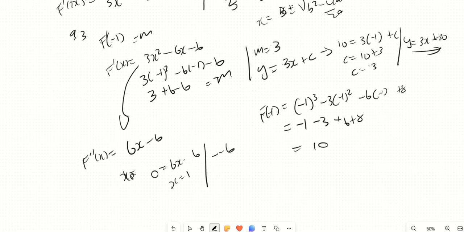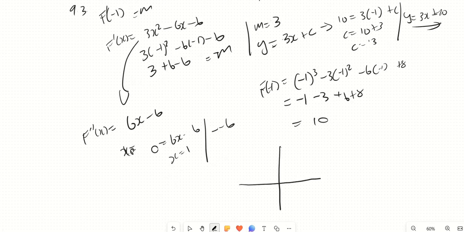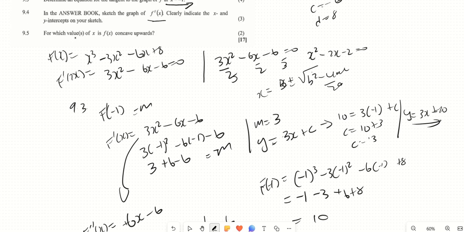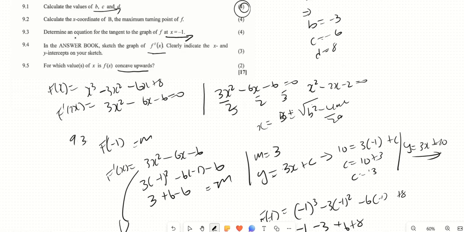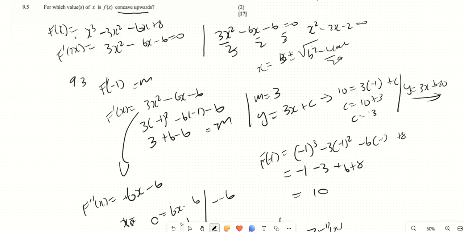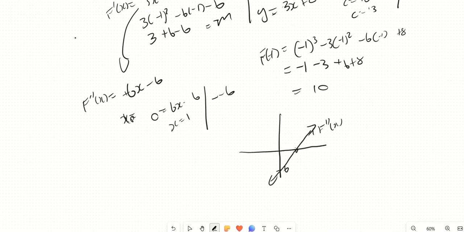So to sketch that graph, they say there's a place to sketch it. The gradient is positive, passing through 1 and negative 6. So I'm going to have the second derivative like this. So this is my second derivative of x. It said now, for which values of x is the graph concave up? Why are they asking this question? Because of this. Now we're going to look at this value of x here.